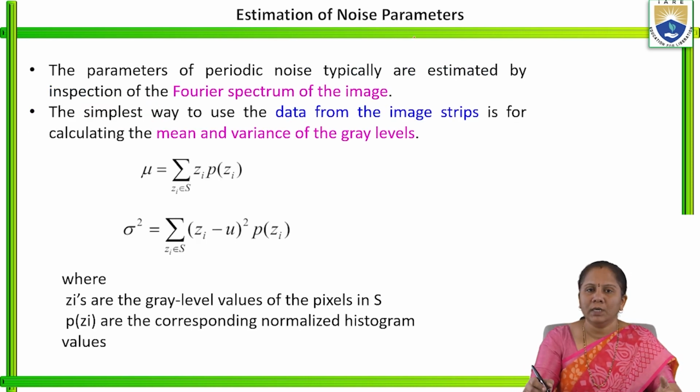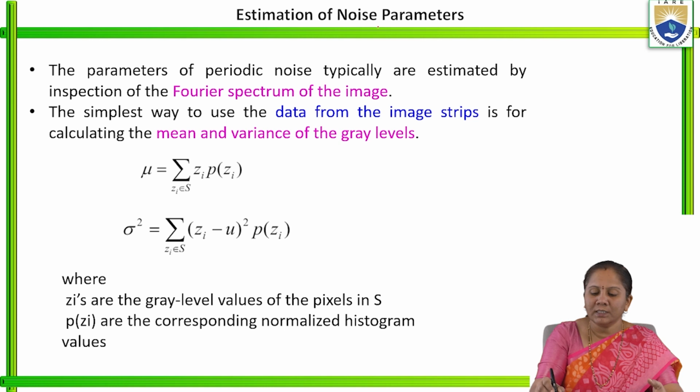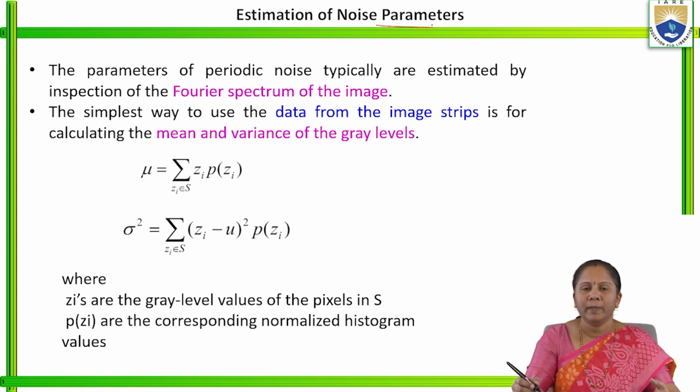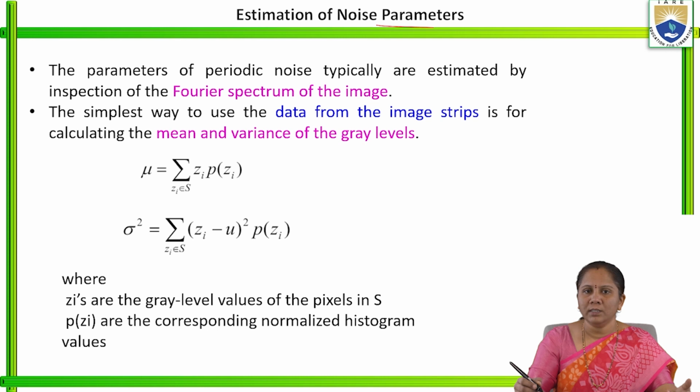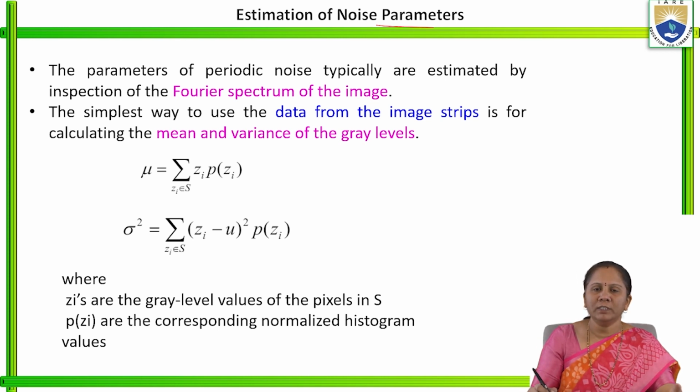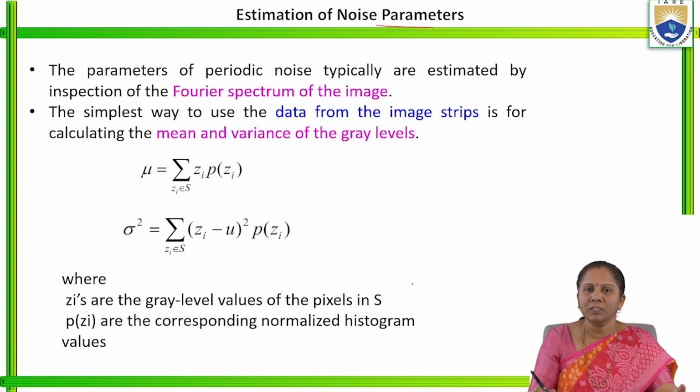Coming to the next topic, that is estimation of noise parameters. During image acquisition or during image transmission, noise is included in the digital image. The objective is to reduce the noise present in the images.